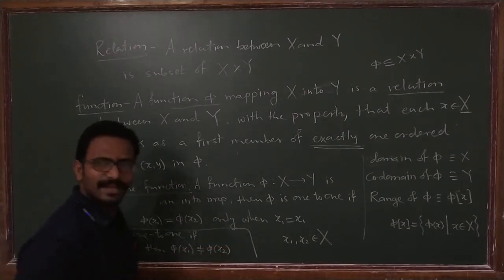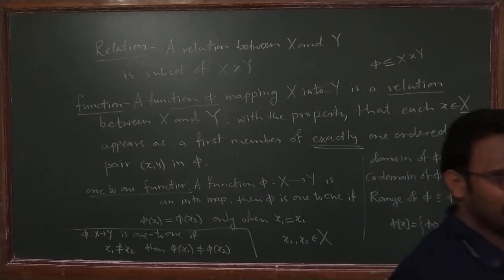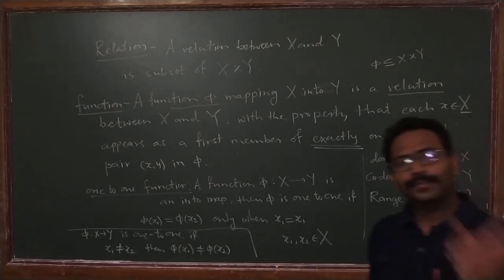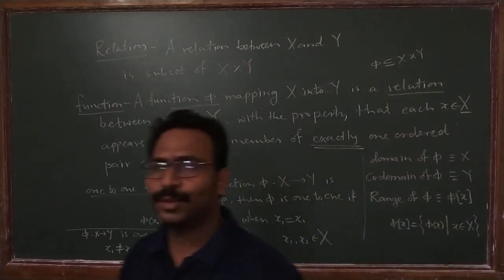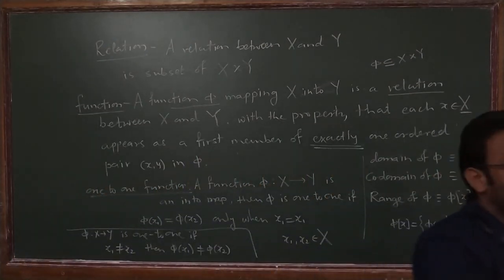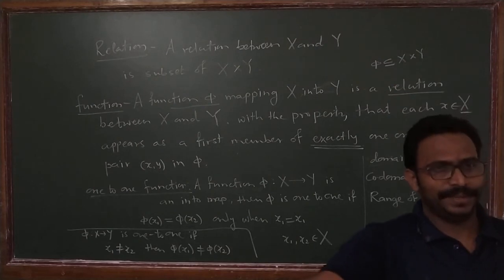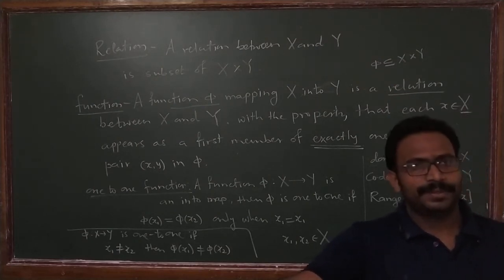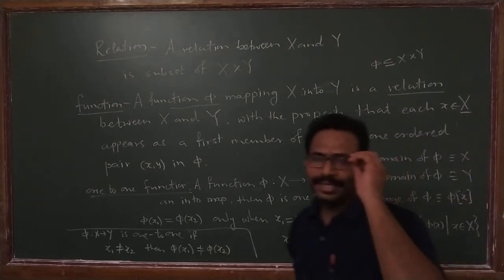That means if the elements in the domain are distinct, then the images in the codomain are also distinct. That means distinct elements in the domain map to distinct elements in the codomain. So this into map is a 1 to 1 map.